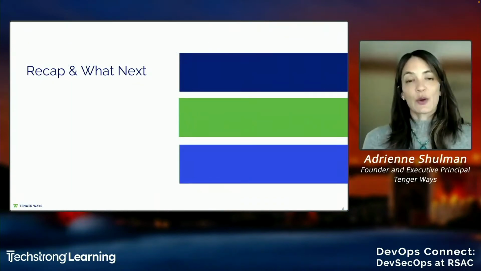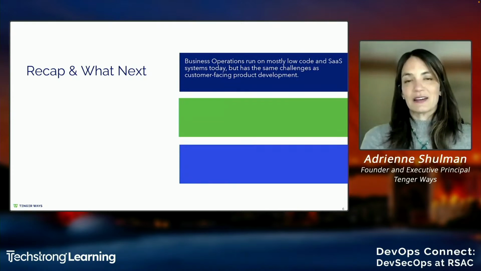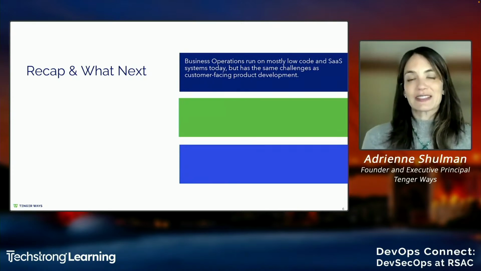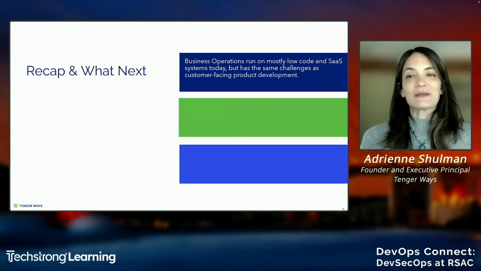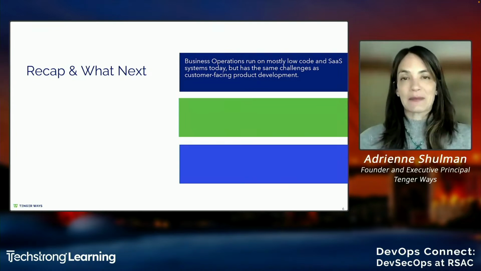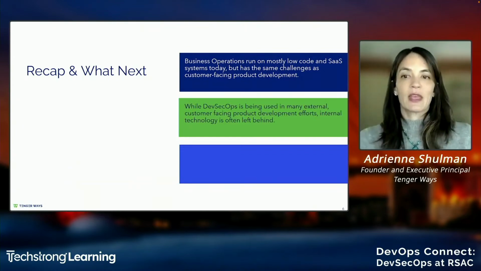So to do a quick recap of what we talked about, and I'll give you some next steps. We talked about how business operations today run on low code and SaaS systems, but have the same challenges as customer-facing product development because they are dynamic systems that are constantly changing and need to be customized for multiple different customers and stakeholders.